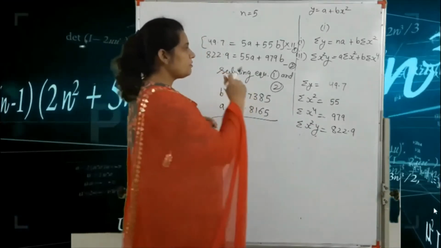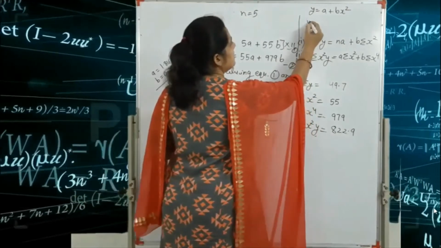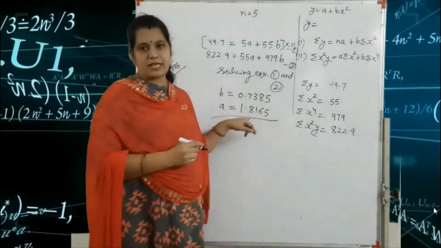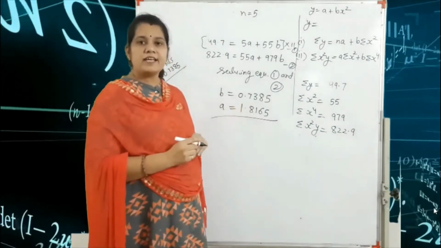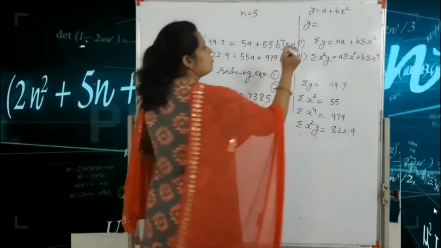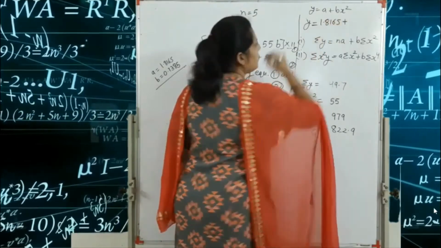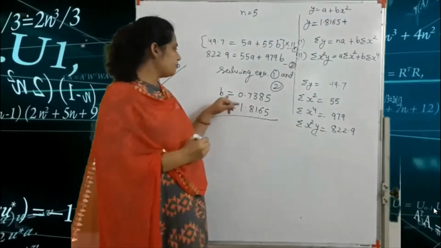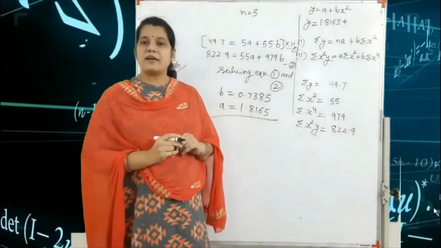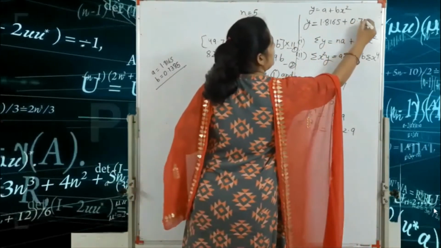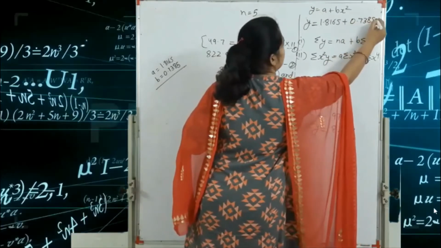So we put here y is equal to the value of A, which is 1.8165. So we write here 1.8165 plus value of B. Value of B is 0.7385. So we write here 0.7385 x square.